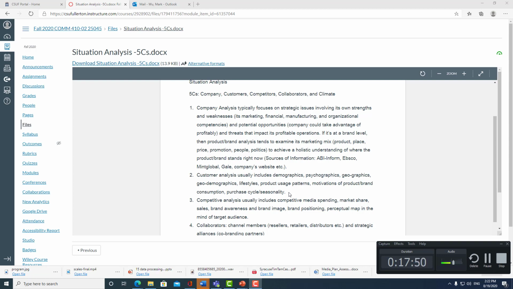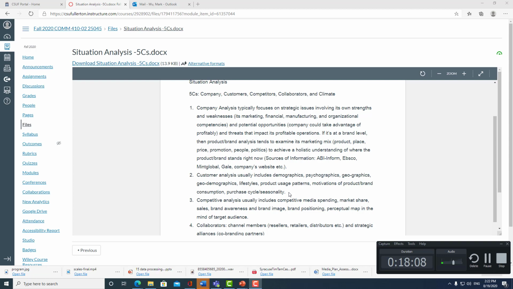And also product usage patterns, like how they use a particular brand, like Ross, for example, how often they shop, and even how much they shop.